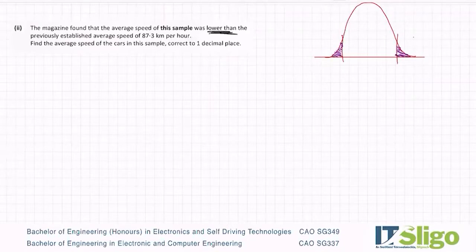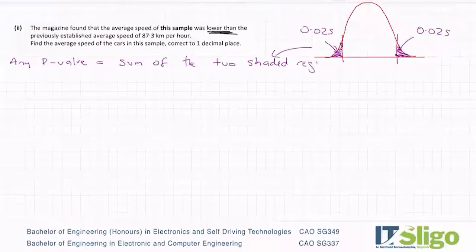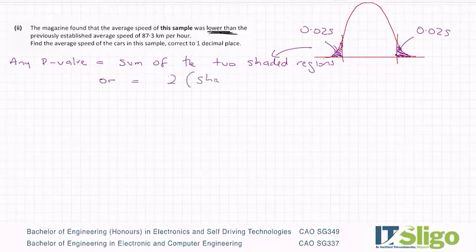Okay, this is the significant area when you're talking about p-values. Okay, so any p-value is equal to the sum of the two shaded regions here. Okay, or I could say it was equal to twice the shaded area on the right.